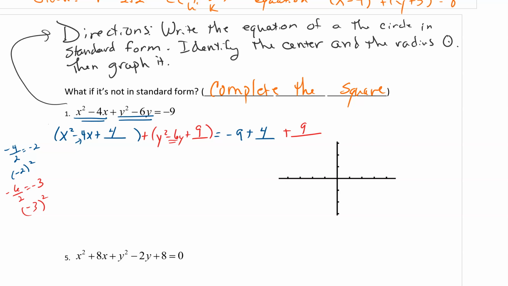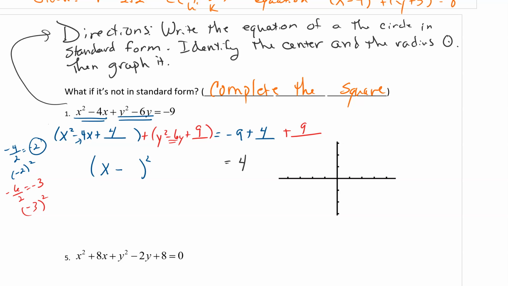Now, my friends, I need to simplify this as much as possible. So on the right-hand side of the equation, I get negative 9 plus 4 plus 9, which gives me a positive 4. On the left, I am going to rewrite what's now a perfect square trinomial as a binomial squared. This is just like when we were using completing the square before. So with this one, we're going to put in an x minus 2.